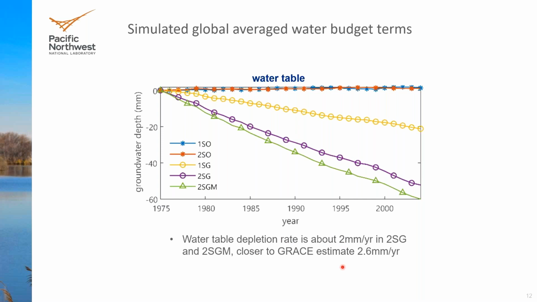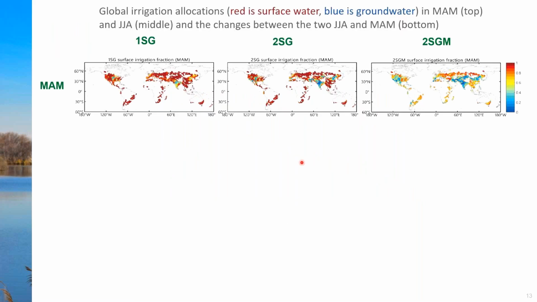And then another aspect we were considering is the irrigation allocation. It is important because you want to know how much water has been extracted from surface and groundwater sources.